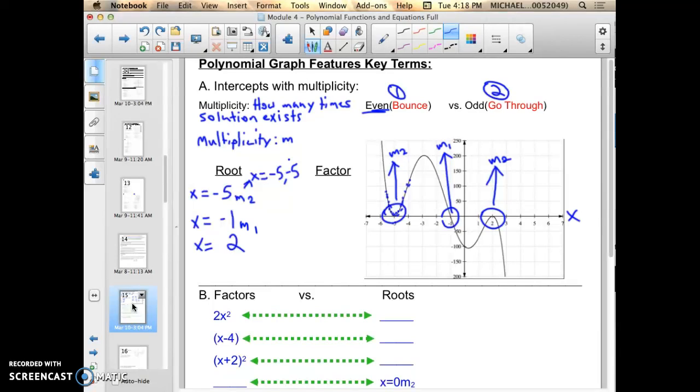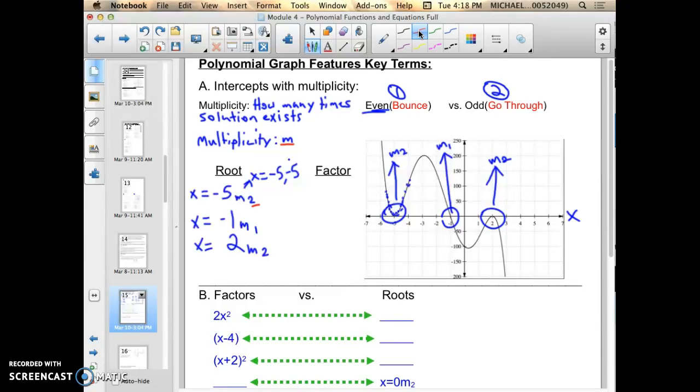And then finally, at x equals 2, it is multiplicity 2 because it bounces. So that is root form, the solutions that I found with its multiplicity, meaning even or odd, multiplicity 2, multiplicity 1. And that's how I want you to write this, using a lowercase m and then however many times it shows up, either 2 or 1.